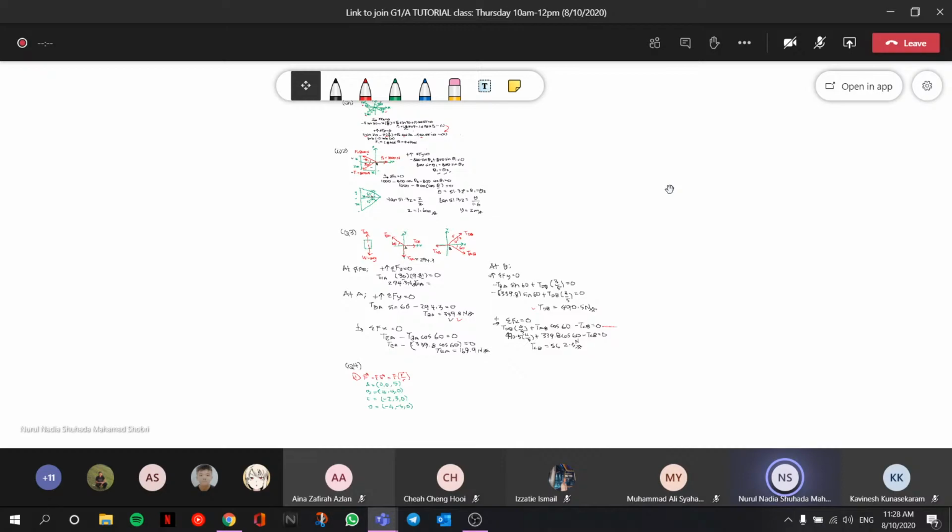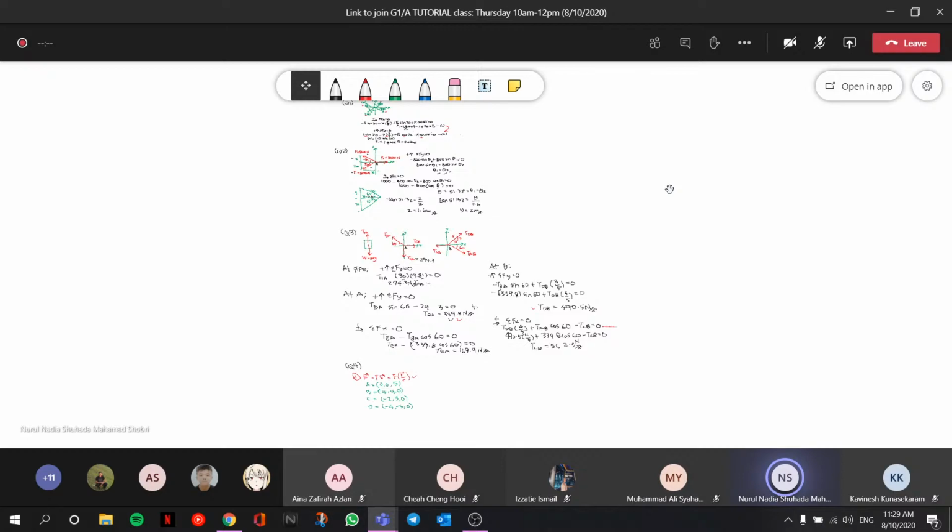Okay. So from the questions, these are the coordinates that can be found from the diagram. A is 0, 0, 5, B is 4, 4, 0, C is -2, 3, 0, D is -4, -5, 0. Okay. So for this question, you guys only need to use one formula, which is this one.